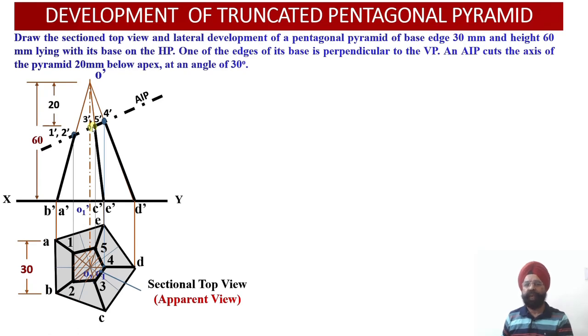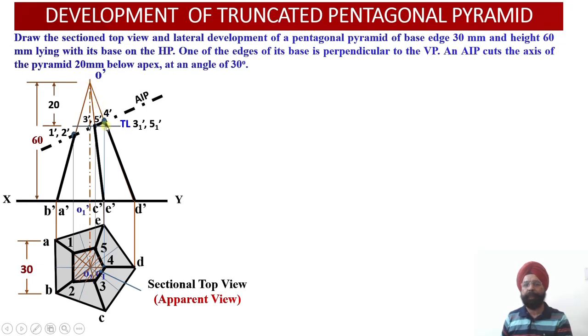So as usual, from 3 dash and 5 dash, I will draw a horizontal locus line so that it intersects with the true length at the points 3 1 dash and 5 1 dash. So rather than using these two radial distances on the projection, on the development I will use the radius equivalent to O dash 3 1 dash and O dash 5 1 dash.